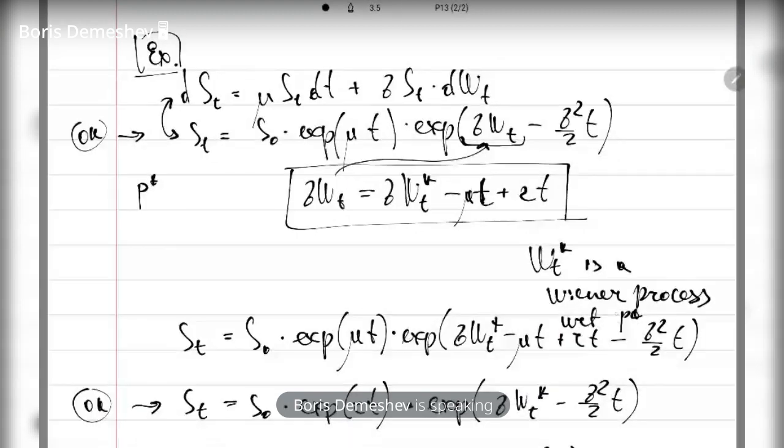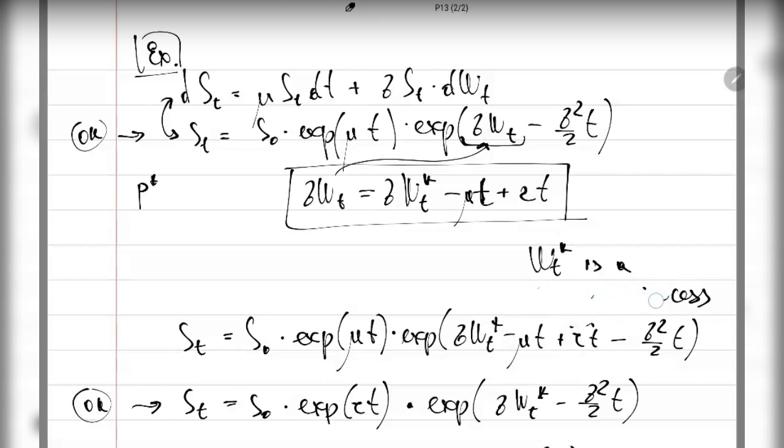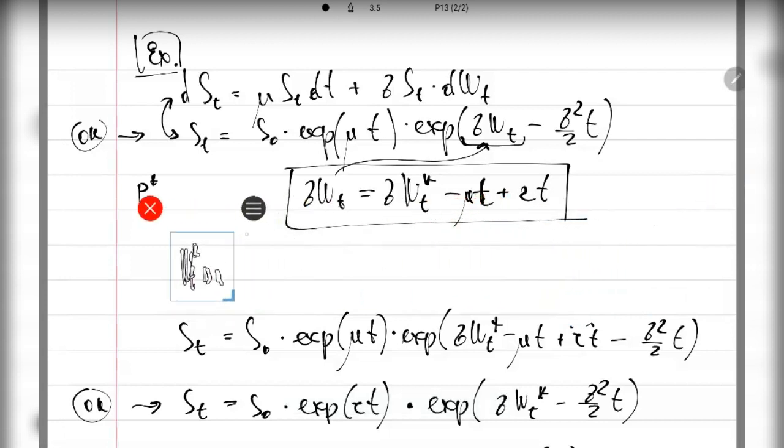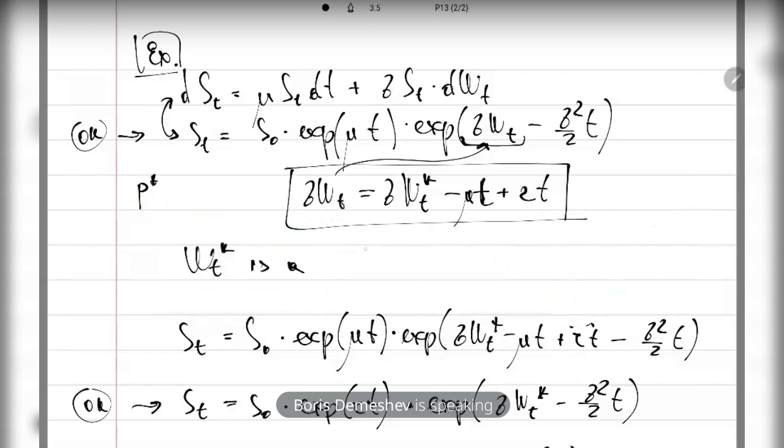So let's write it once again. P star is a special probability measure that makes WT star a Wiener process.